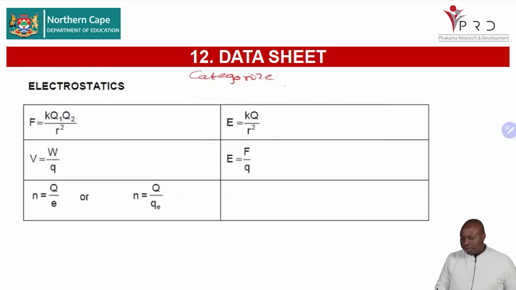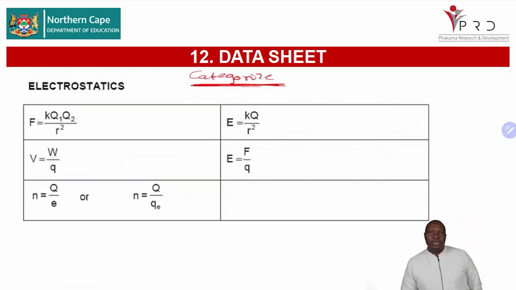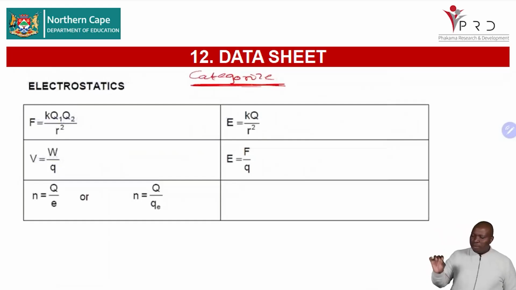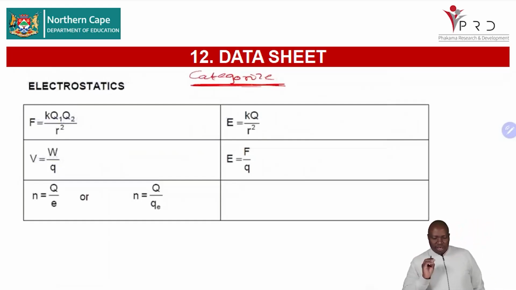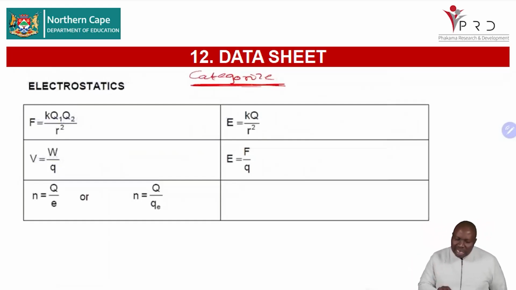How do you categorize the question? You ask which topic we are dealing with here. You said it is electrostatics. Then you go to the data sheet for electrostatics so that when you are asked questions, you are able to respond.